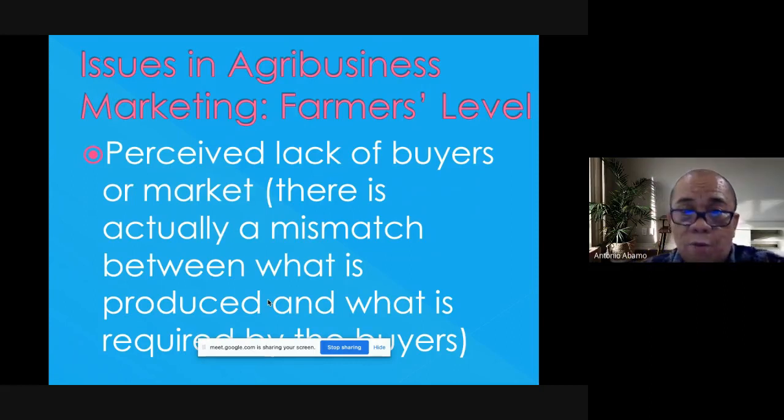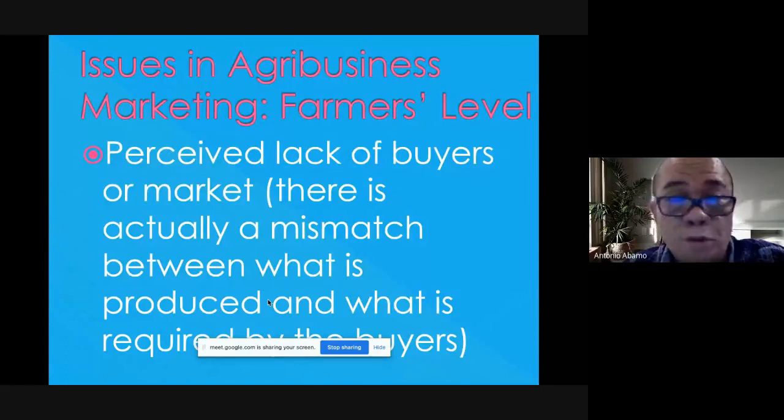You break the cacao pod, extract the fresh cacao beans, remove the slimy part and throw it away, then put the beans in a bilao, a basket, and dry them under the sun. I'm sure most farmers are still doing that. What's wrong with that? Very wrong, because it's not the right kind of fermentation that is needed in the market.